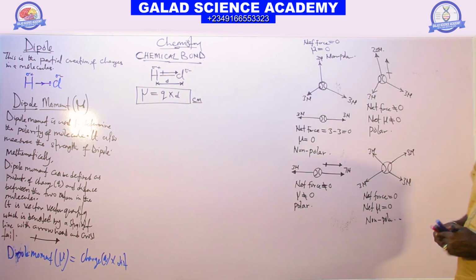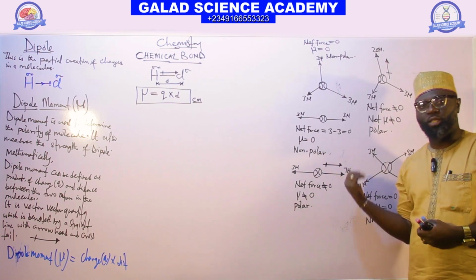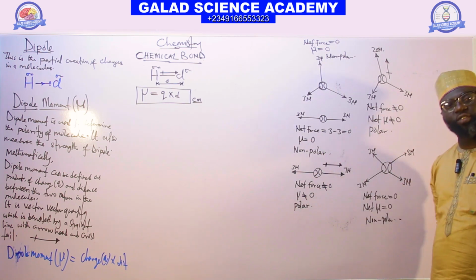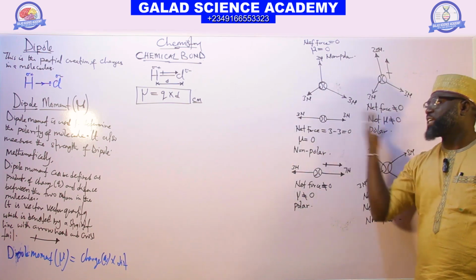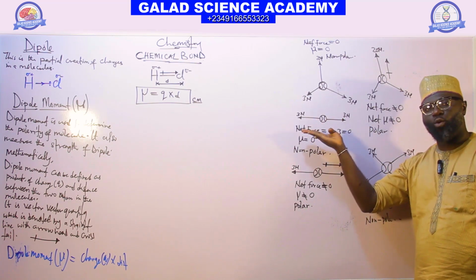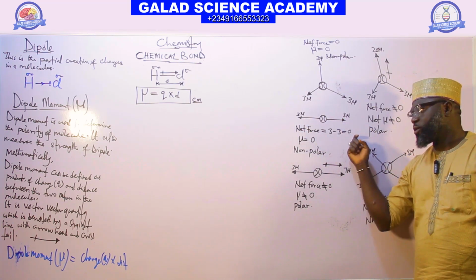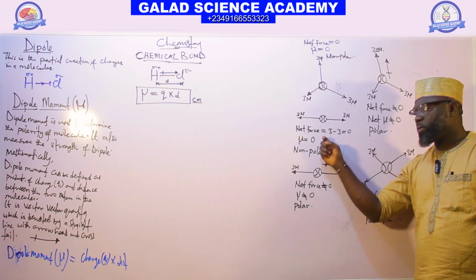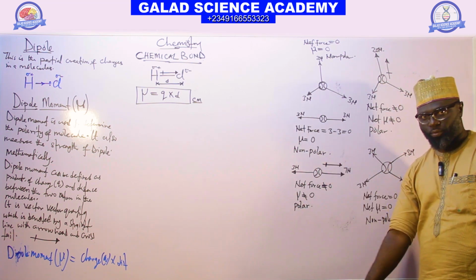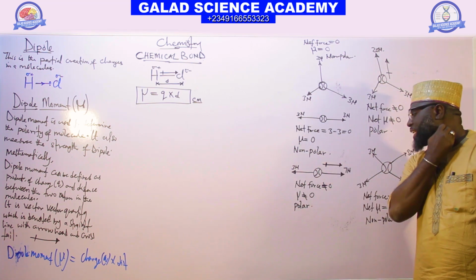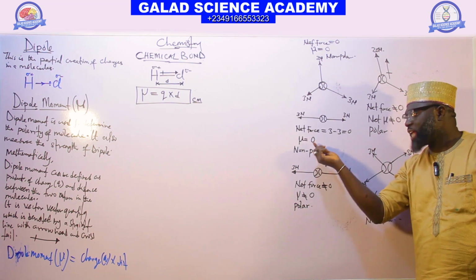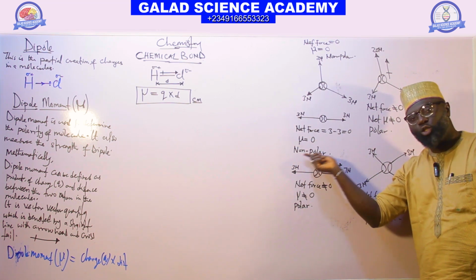See, I just deviated a little bit into vector analysis in physics. So whenever the forces here are equal, subtracting gives you 0. Where the net force is 0, the dipole is 0. Any molecule that has 0 dipole is non-polar.